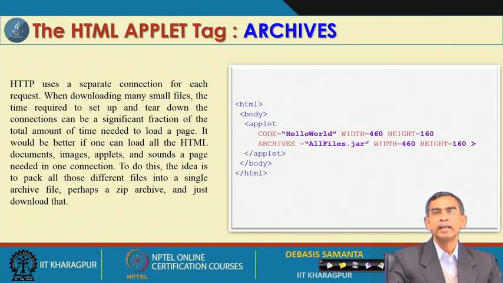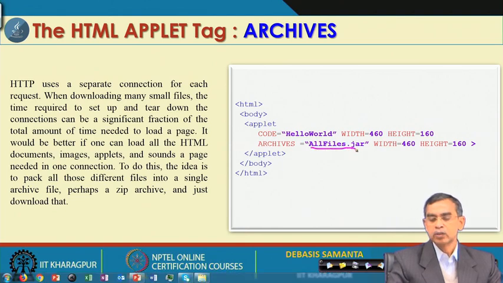If you want to do that, then every time you want something to be included in your applet, it needs to connect to your remote machine, import it, store it and then display. So, instead of that, whatever files are required for that HTML page, you can put into an archive, a jar file it is called.